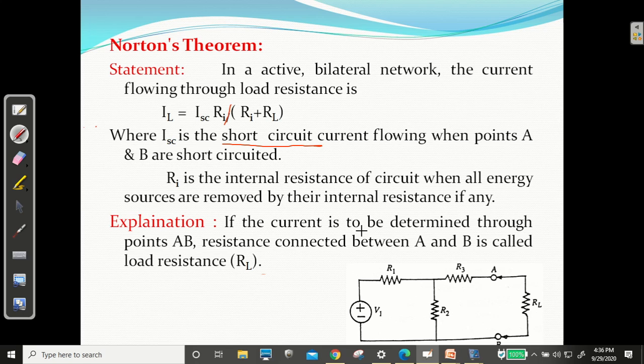Okay. Now explanation. I have given this diagram: Ri, R1, R2, R3, V1, and this is the Ri. I have given, find the current through this resistance. That is the explanation, so I am drawing it first.